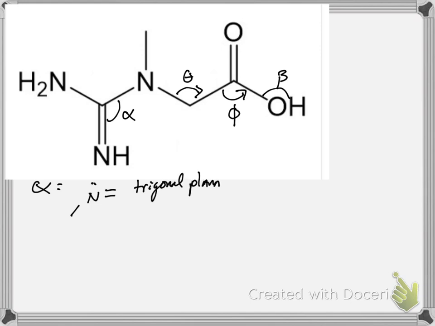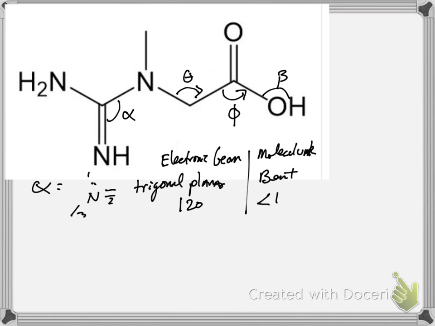So this is trigonal planar electronic geometry because there are 3 domains. But the central atom has a lone pair, so it can't be trigonal planar molecularly. It's bent with less than 120 degrees. Let's keep in mind, any neutral nitrogen will always have a less than sign in front of it because it has a lone pair.